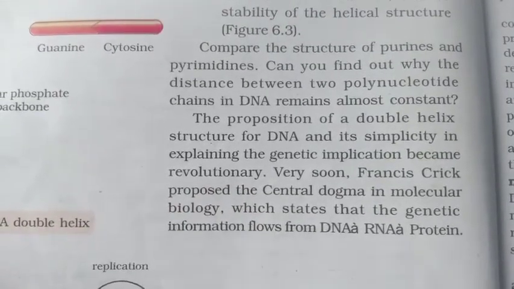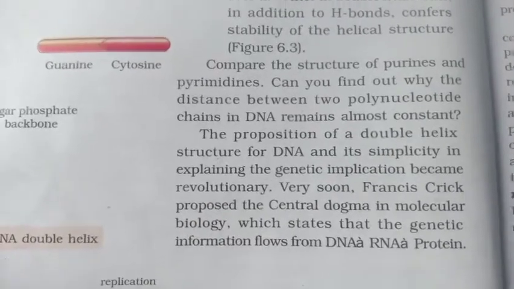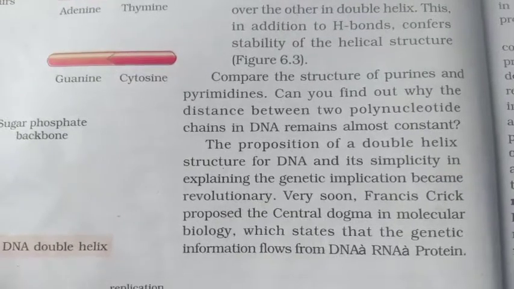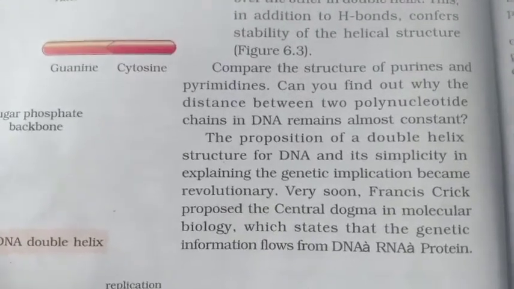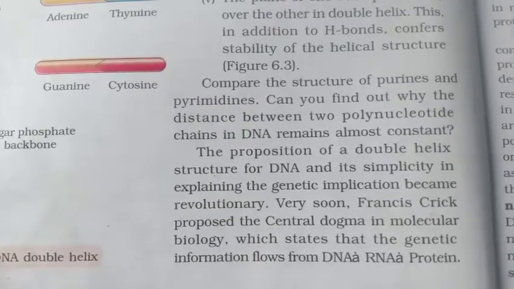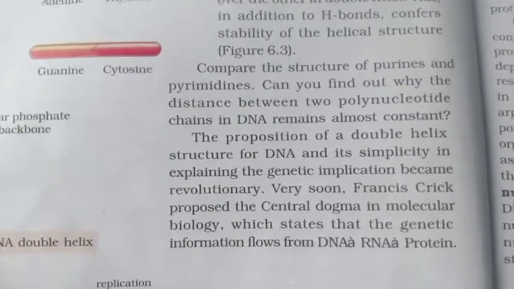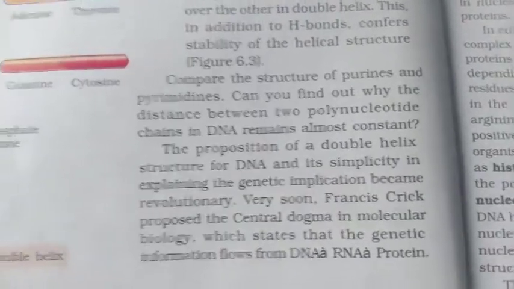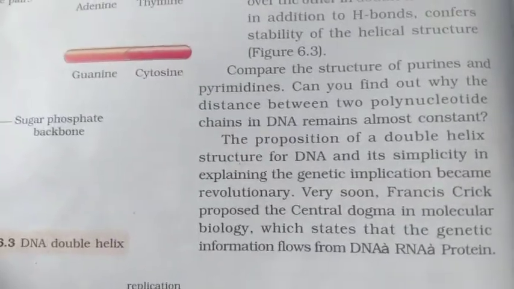Francis Crick proposed the central dogma in molecular biology, which states that the genetic information flows from DNA to RNA, and then ultimately expresses in the form of protein.